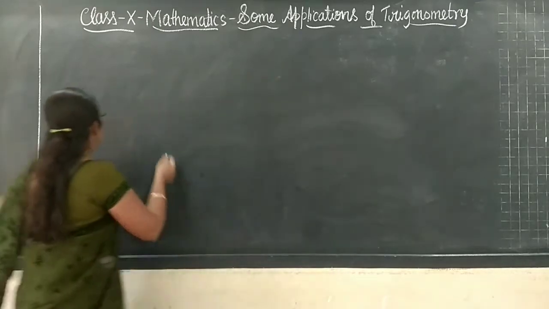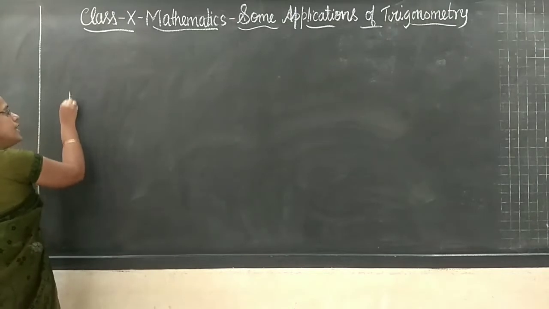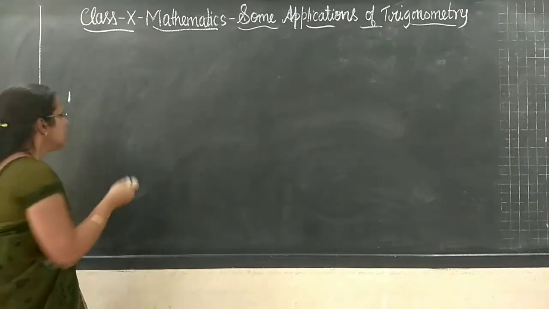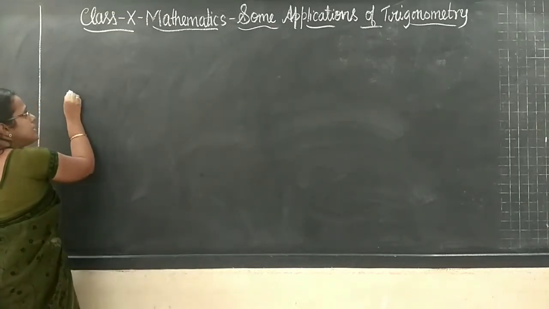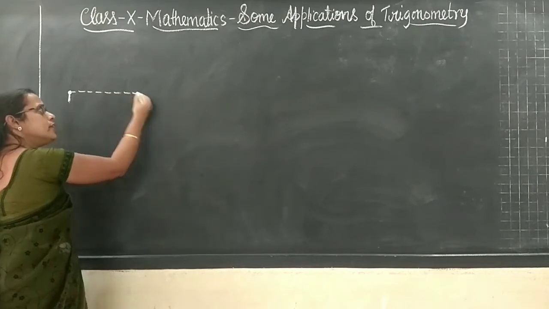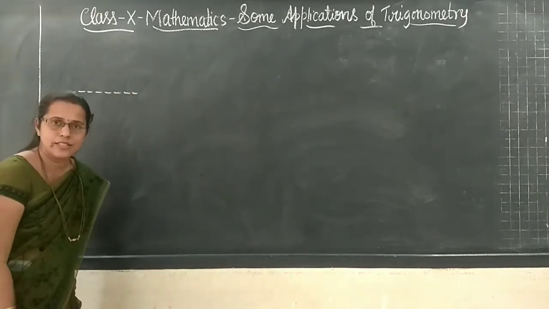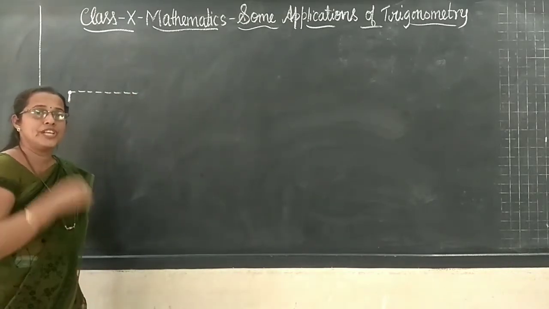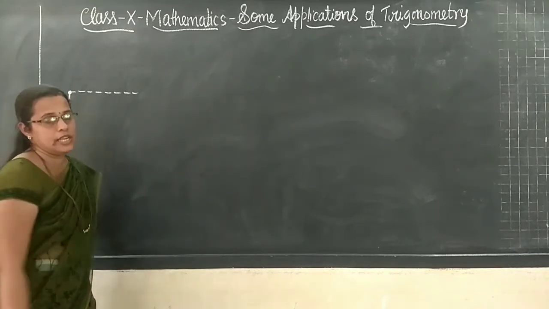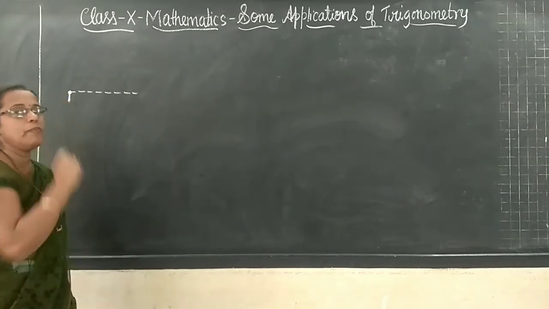Okay. So now see here. First, if I see standing here, from my eyesight, my horizontal eyesight will show the horizontal line like this. Yes, my children. But when I am seeing the top of the blackboard, I have to lift my head.